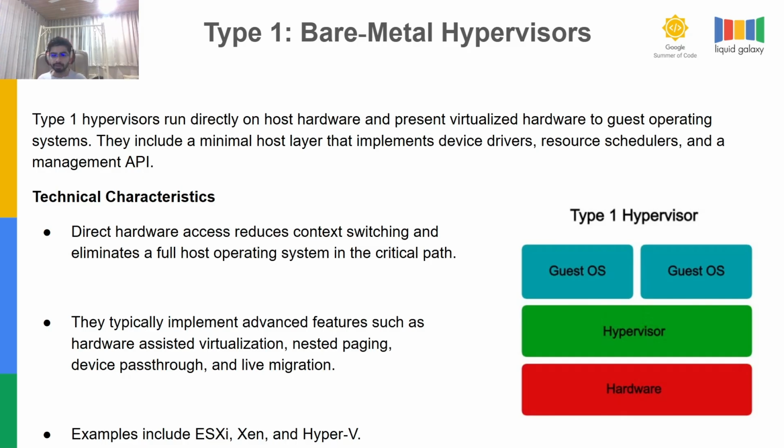So it's a long journey. In Type 1, you don't need to follow this long process. Because we have direct hardware access, we reduce context switching. I'll explain context switching when we come to the explanation of the virtual CPUs.